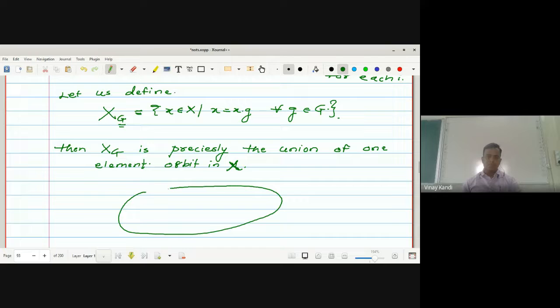Suppose this is the capital X, and suppose this is orbit 1, this is orbit 2, this one is orbit 3. Suppose this orbit contains only one element x1, this orbit contains only one element x2, this orbit contains only one element x3. So capital XG is nothing but what is this one? Is it correct?